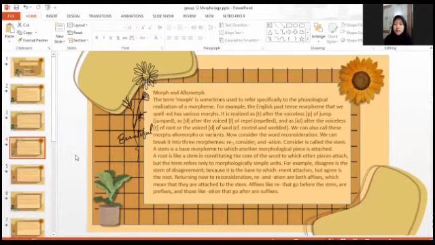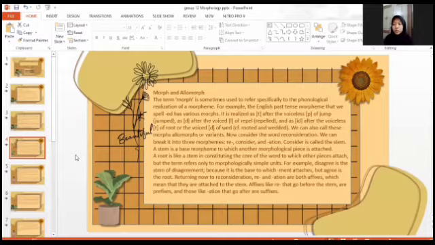It is realized as t after the voiceless k of jumped, as d after the voiced l of rival, and as id after the voiceless t of root or the voiced d of red. We can also call these allomorphs or variants.